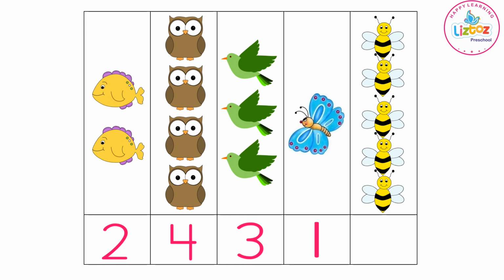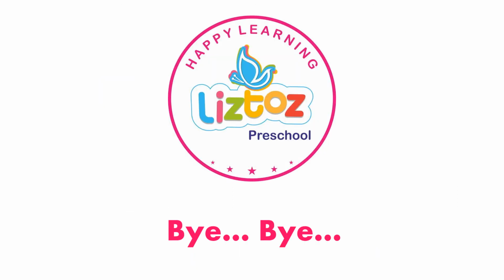Let us count how many honeybees are there. 1, 2, 3, 4, 5. How many honeybees? 5. So what number do we have to write down? Number 5. Yes. Okay. This is count and write.